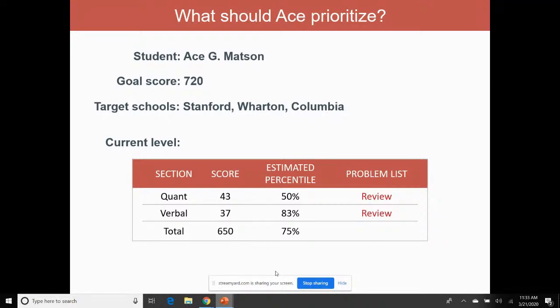But the actual score is very literally a result of the two scores added together. Now, when I say nobody scores a 51 in the verbal, it can happen, but you cannot plan for it. You look at this and you say 43 out of 51 for quant, 37 out of 46 for verbal. How many points are left? And let's plan my studies based on that.